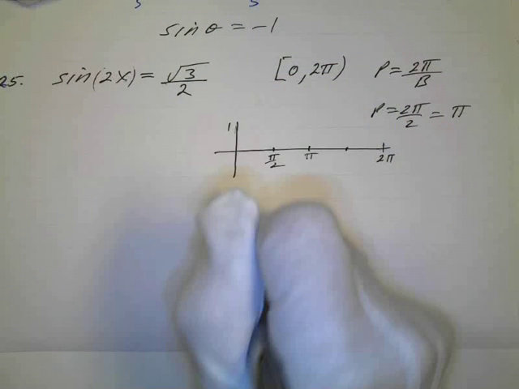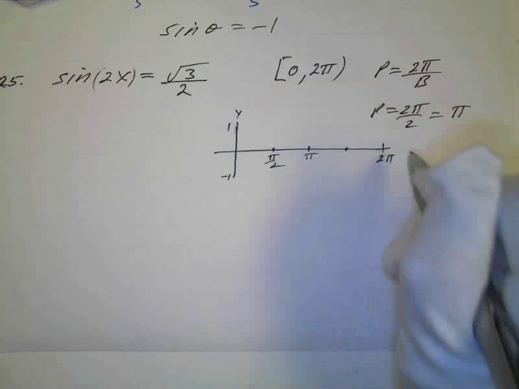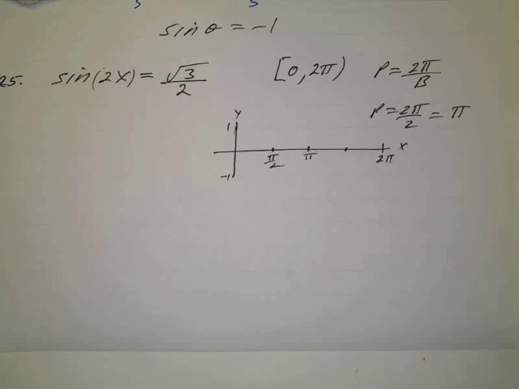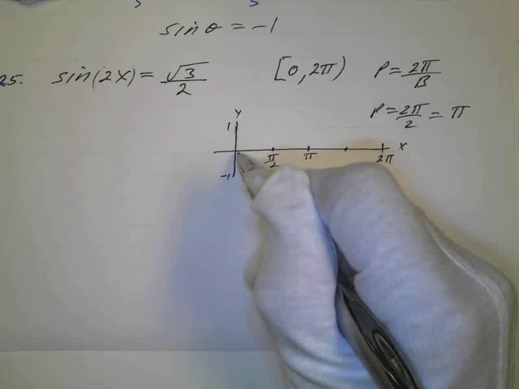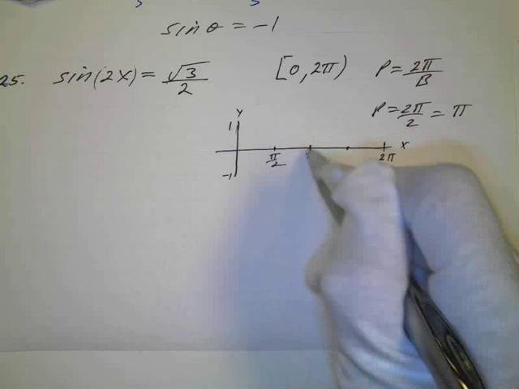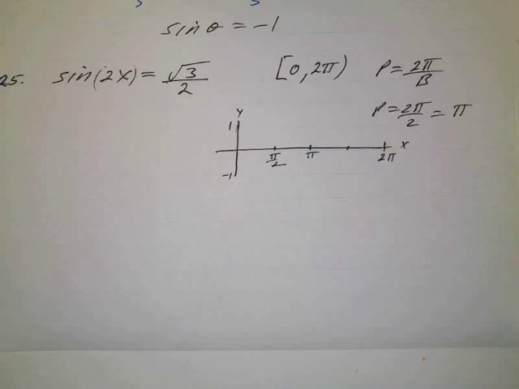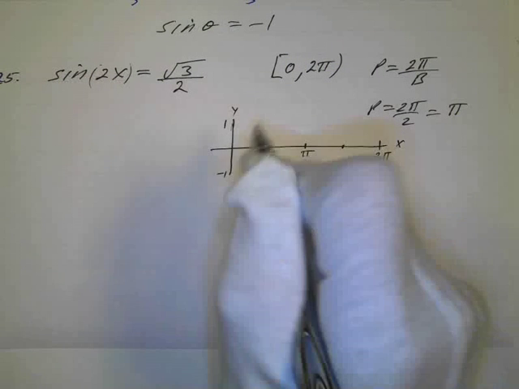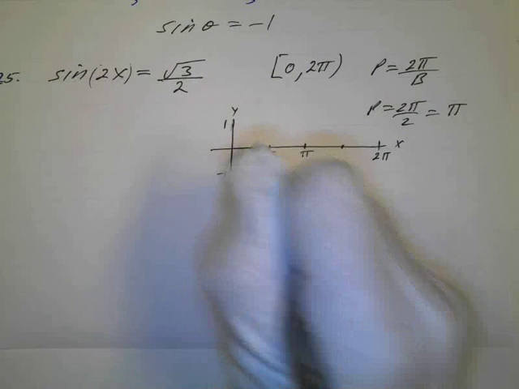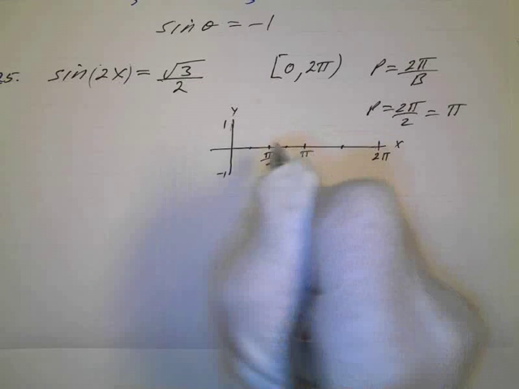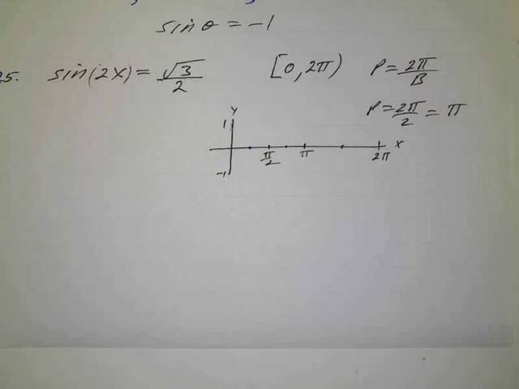And if this is 1 and this is negative 1, this is y and this is x. Okay, then normally our graph would start here, would go up to 1 here, back down to negative 1 and back up here. But because the period is just pi, I have to divide that, so I've got to put some other markers in here, so I can divide this into 4 equal spots.